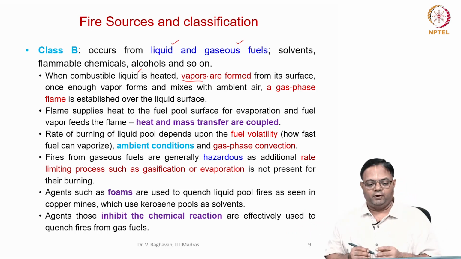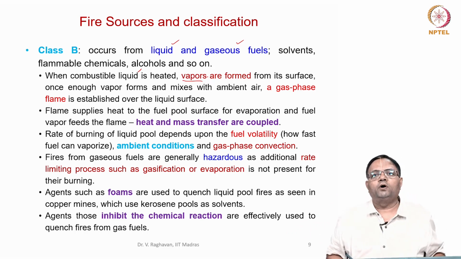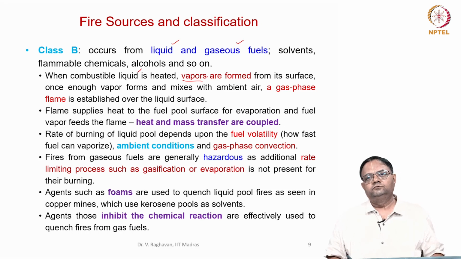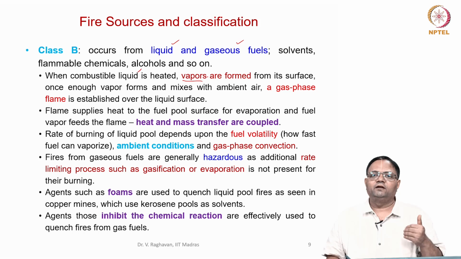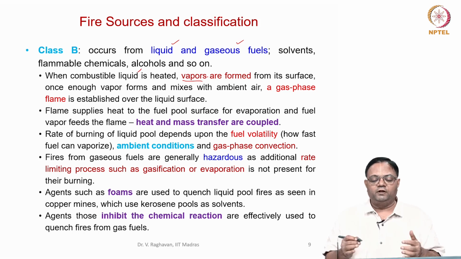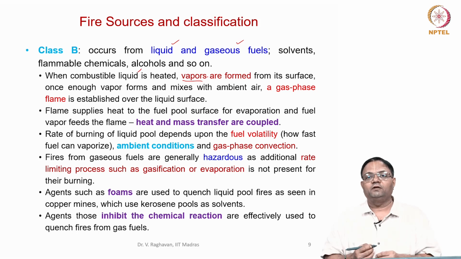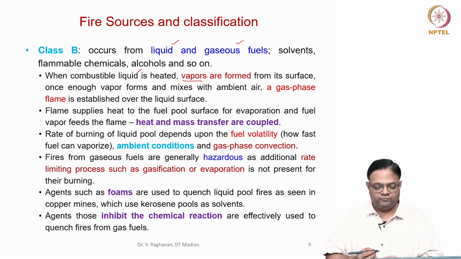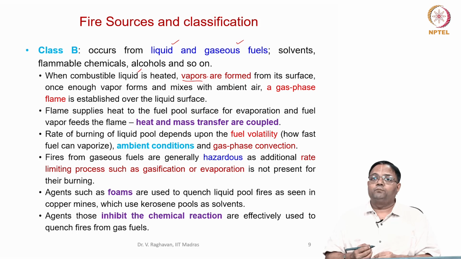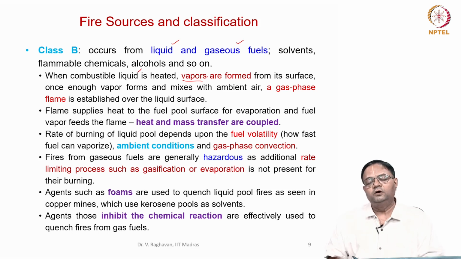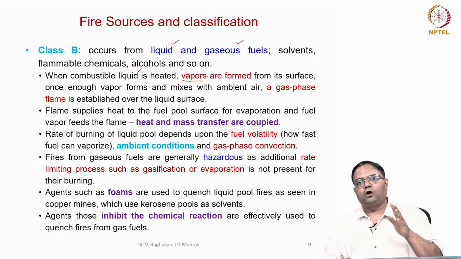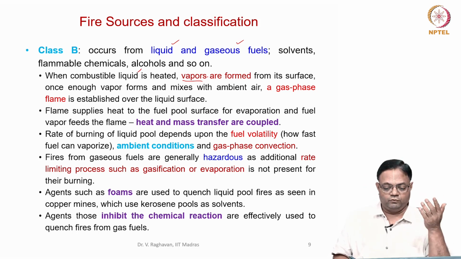So if the boiling point of a liquid is say 120 degrees, when the surface is even at 70-80 degrees, the required quantity of vapor can come out of the surface and contribute to the flame in the gas phase. So the liquid need not boil. Surface evaporation will contribute fuel vapors to the flame zone.